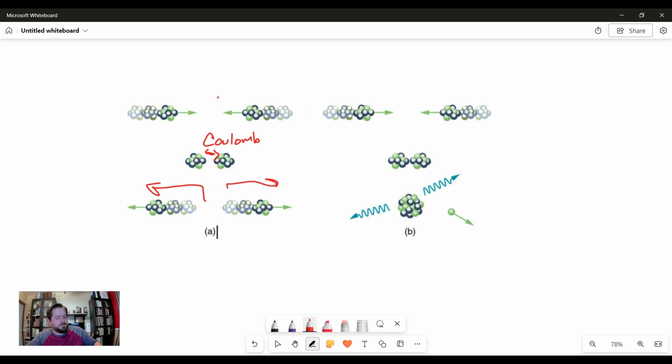But the energy required to get these two to come together, to actually be in physical contact, takes a huge amount of energy.